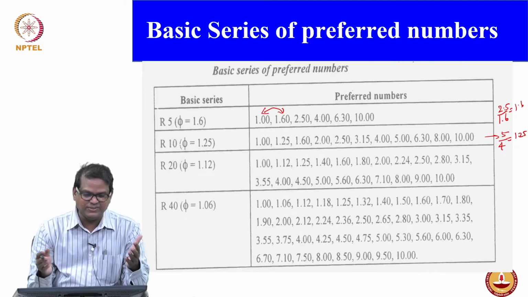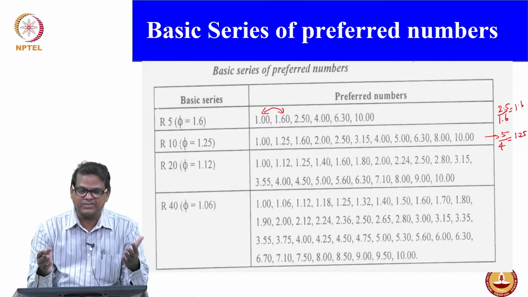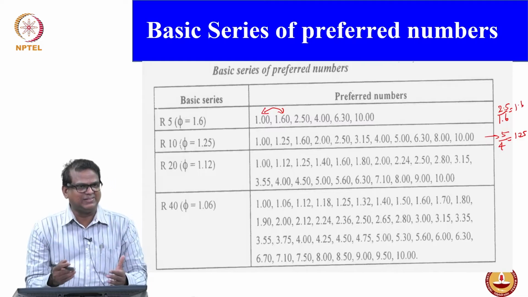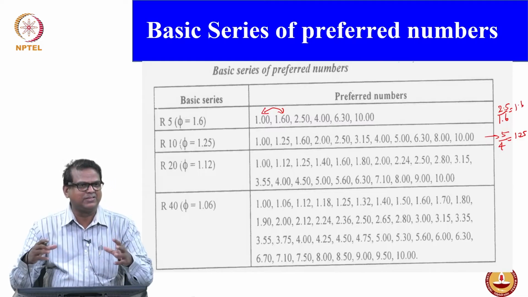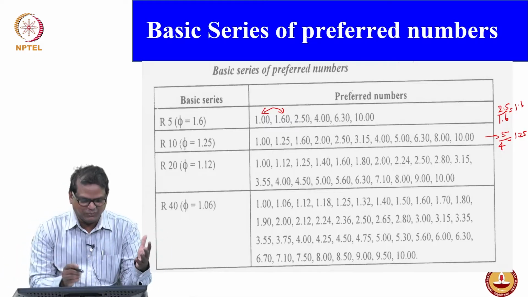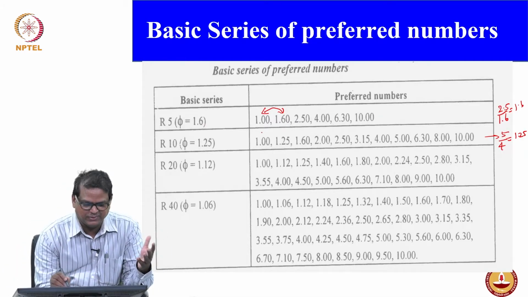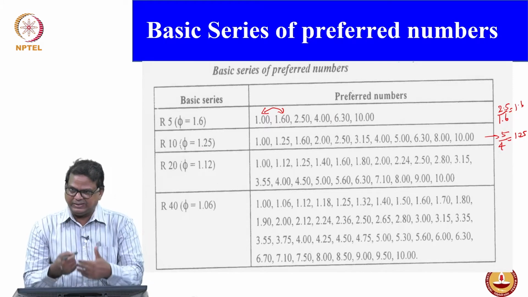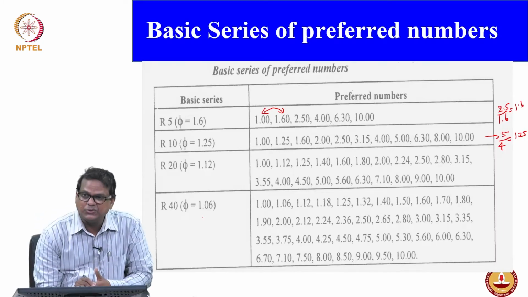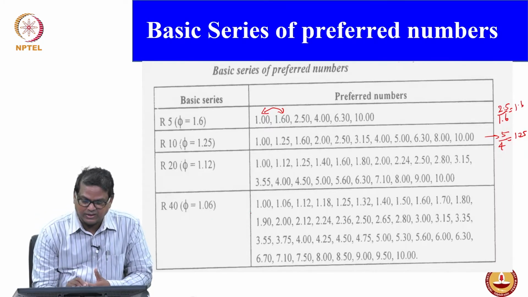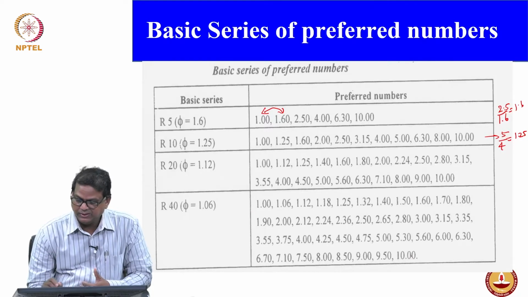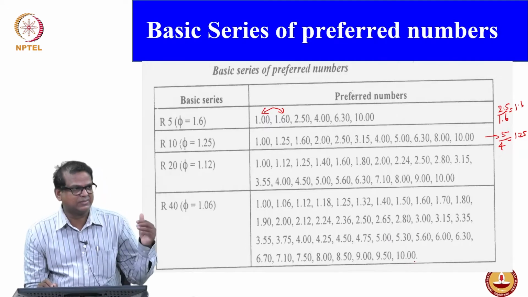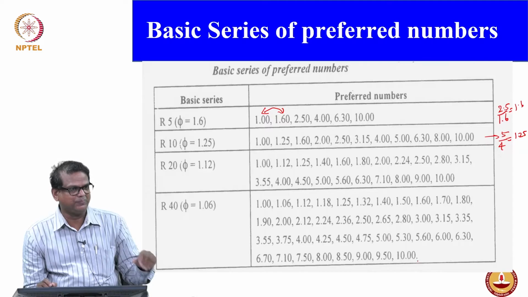And if you observe this table, which I have taken from the PSG data handbook, it clearly indicates that as the step ratio decreases, your preferred number of speeds are more. R5 with 1.6 has 6 numbers, whereas R10 increases, and R20 has even more speeds. The moment you decrease your step ratio to 1.06, look at this series, you start from 1 to 10, the availability of preferred numbers is more as the step ratio decreases.